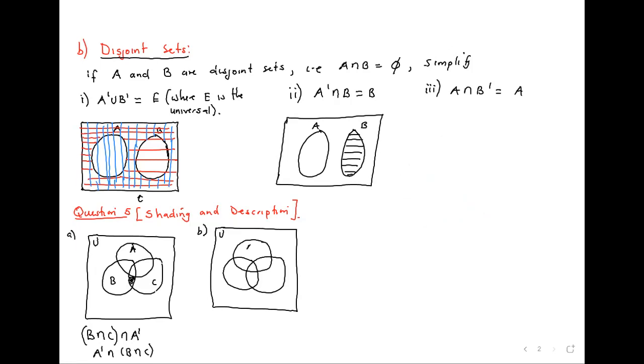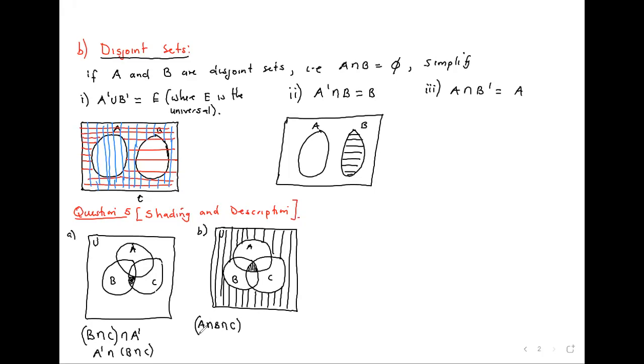Okay, so this is A, B, C. The shading starts inside here, and then it goes outside. Okay, so again, it's clear that A intersection B intersection C is shaded.